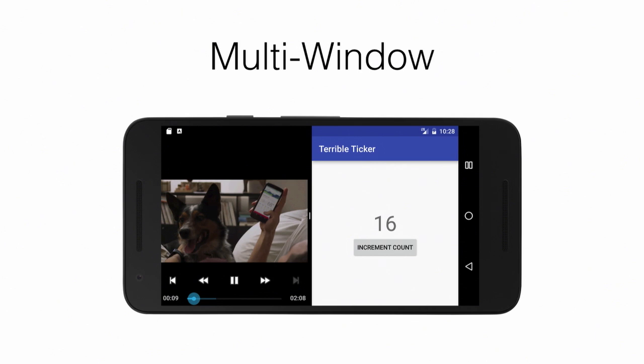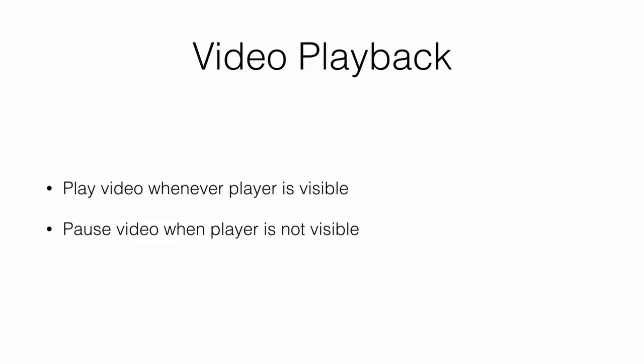What we really want to do when deciding what to put in these lifecycle methods is think about what those callbacks are signifying, what it means is happening to the activity with respect to the user, and what our requirements are. So my requirements are: I want the video to play whenever the player is visible, even if it's not in the resumed state, and I want to pause the video automatically when the player is not visible.